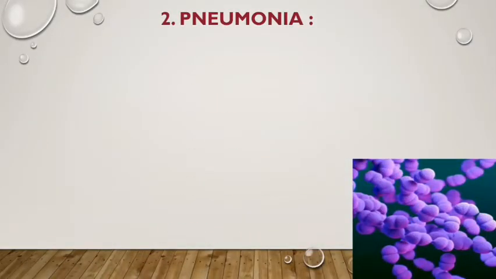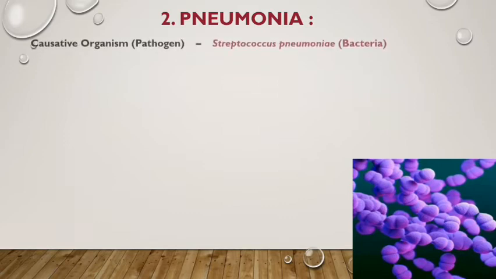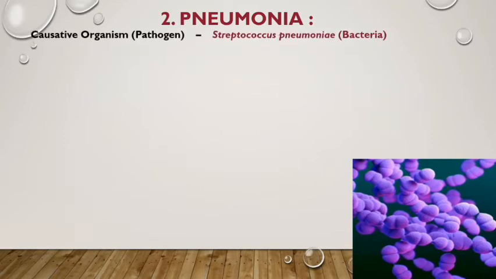Then my dear student, number two is pneumonia. For pneumonia, the causative organism or pathogen is Streptococcus pneumoniae, a type of bacteria. You can see this picture in the diagram, which shows the magnified structure of Streptococcus pneumoniae.